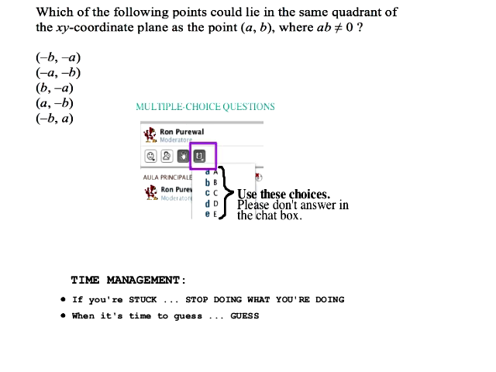As opposed to waiting like 10 or 15 more seconds before you guess. That's the other thing that people do, which adds up, because there's a lot of guessing on this test. Like out of 37 quant problems, you're pretty easily going to be guessing at least like 15 of them. So that's going to add up to a lot of time. As soon as you realize that you have to make a guess, you have to just make one. 0 seconds should pass in between realizing I have to make a guess and actually making one.